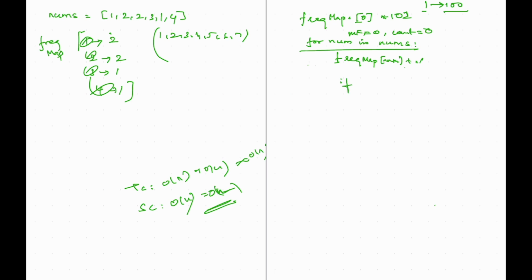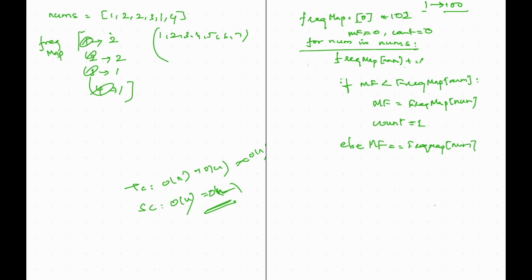So if max frequency is less than frequency map of num, then you are updating max frequency equal to frequency map of num, count equals 1. Else max frequency equals frequency map of num, the same.